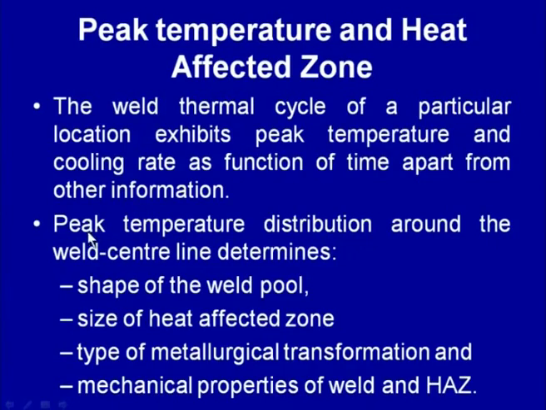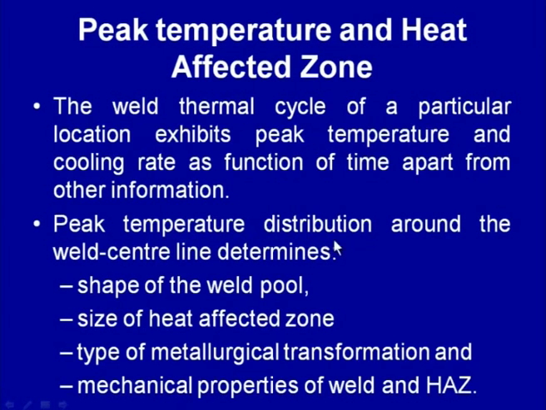Continuing with the presentation, the peak temperature distribution around the weld center line determines the shape of the weld pool. If the peak temperature distribution is largely uniform around the heat source or along the weld center line, then the shape of the weld pool will be circular or close to circular shape.